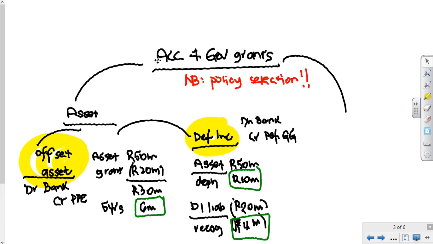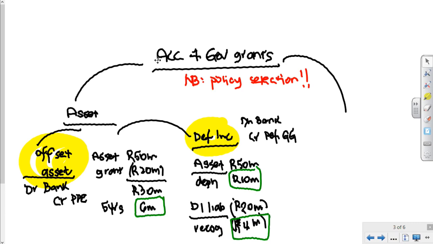If I've chosen the deferred government grant method, the deferred liability method, I will have 2 items. I will have depreciation 10, and I will have the government grant income 4. Net 6. On the face of my statement of financial position, in this case, I have one item, PPE, at the beginning of the year, 30 million.